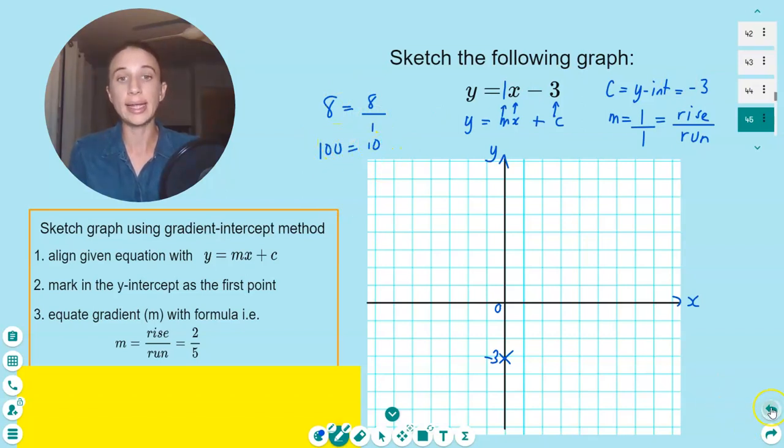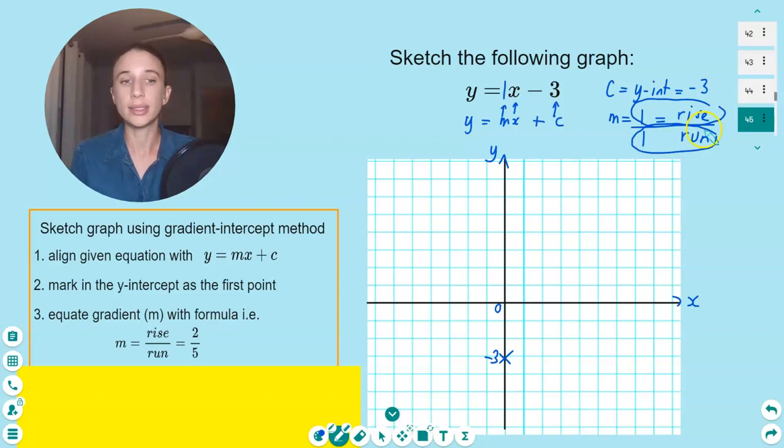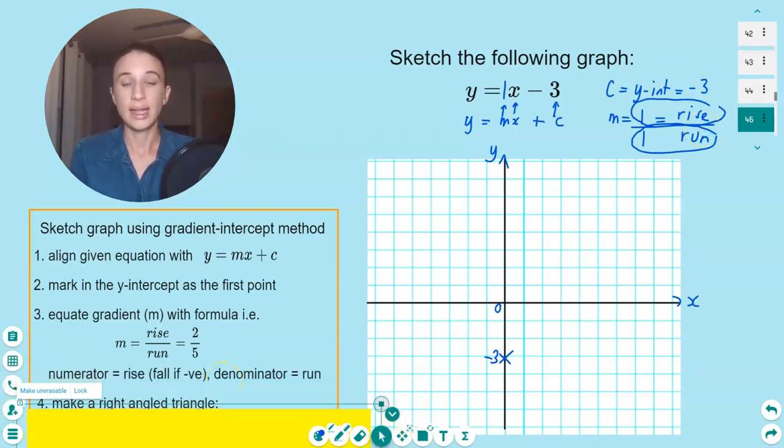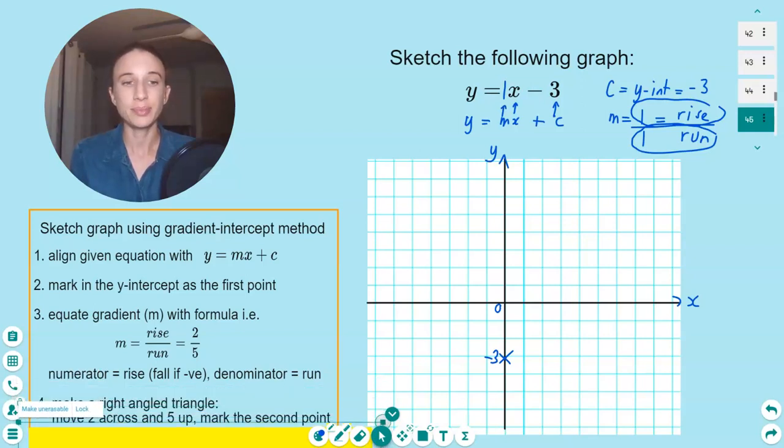So we can turn any integer into a fraction, is what I'm trying to say. And that is useful because now we can see that the rise is 1 and the run is 1, which leads us to our next step. If you're lost, just keep watching. We're going to do quite a few examples.